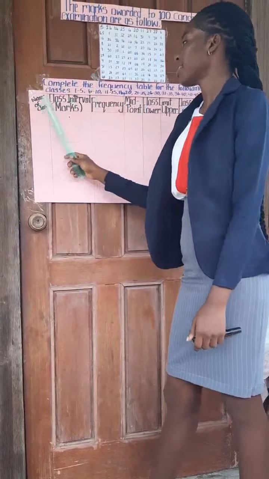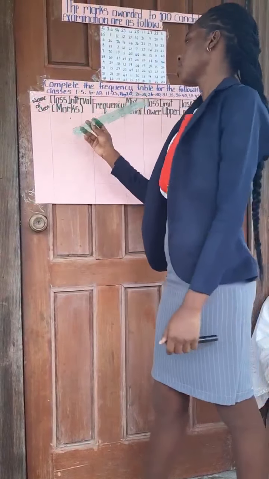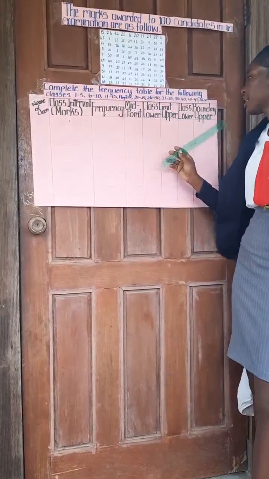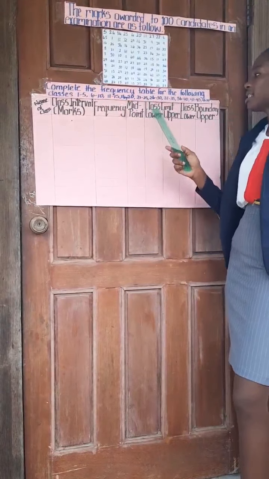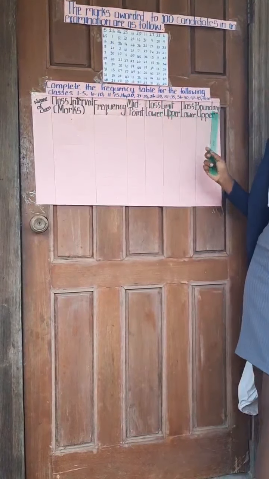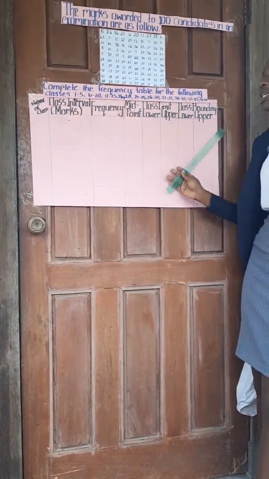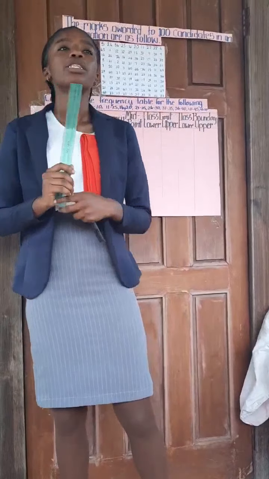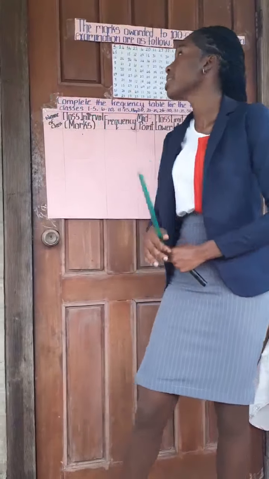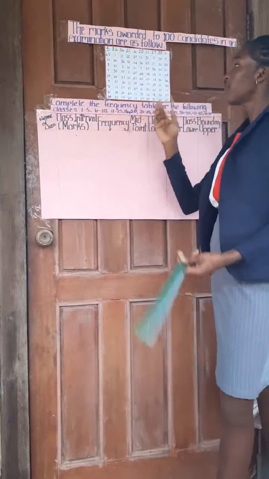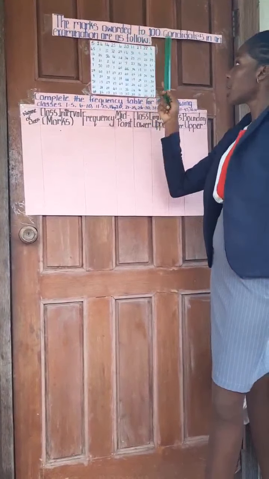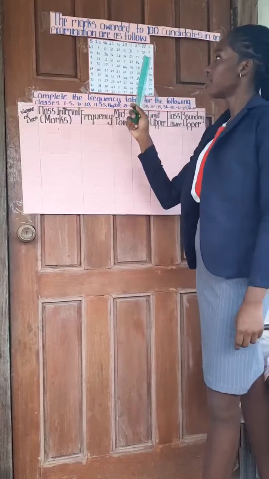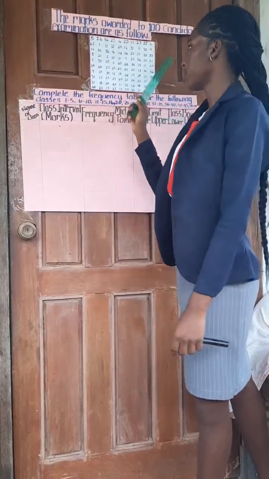We have the name of the class interval, the frequency, midpoint, class limit, class boundary, and you can see that the class limit and the class boundary is broken down into two different parts. Right? So what I want you to do, based on the data above, is the marks awarded to 100 candidates in examinations, as follows.